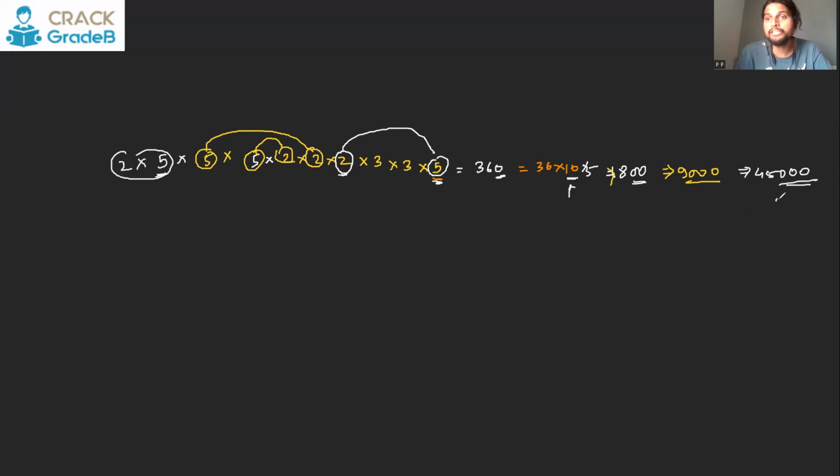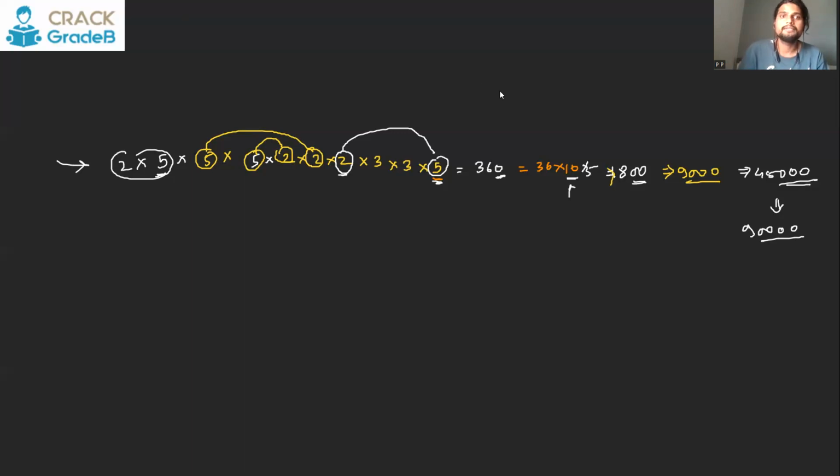So 45,000 into 2 will now be 90,000, meaning 4 zeros because there will be 4 such pairs. So we can easily say that in a product form like this, the number of pairs that we can form out of 2 and 5, those many tens will be there, and the number of tens will give us the number of trailing zeros.